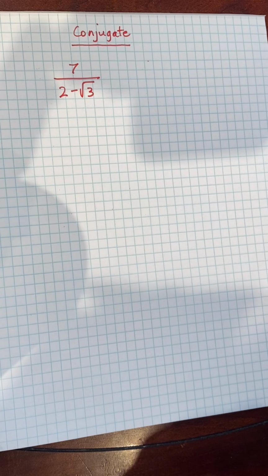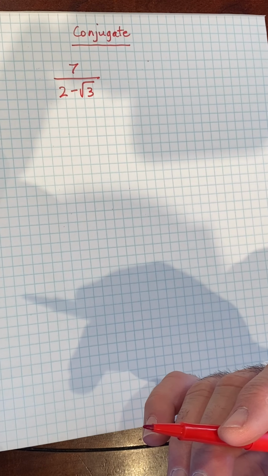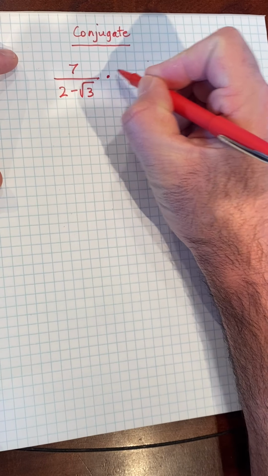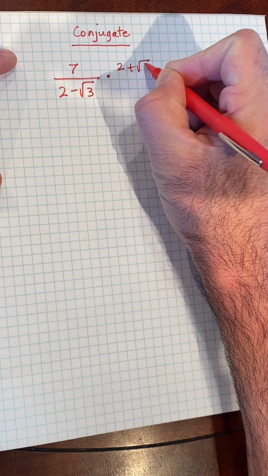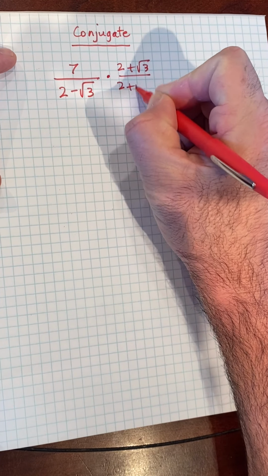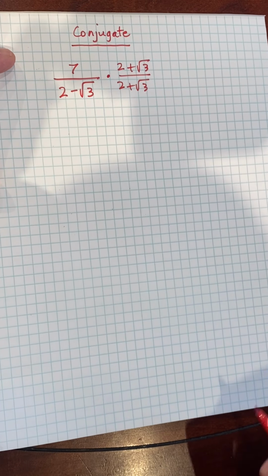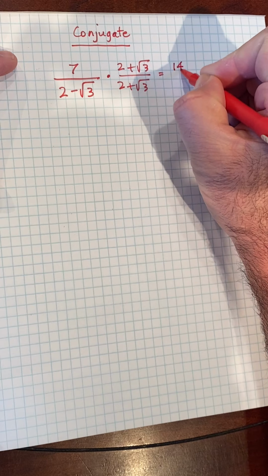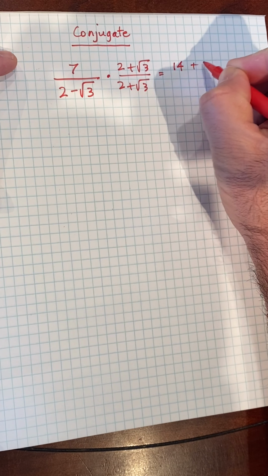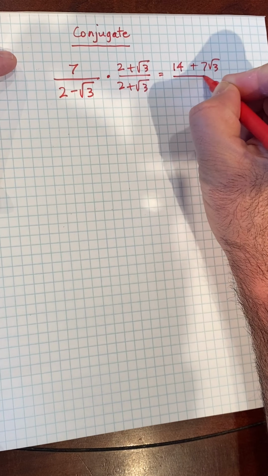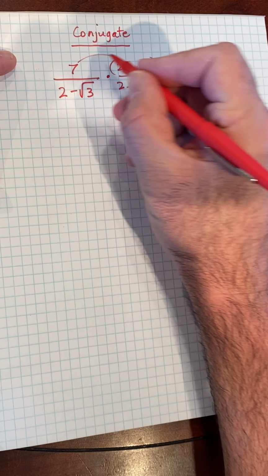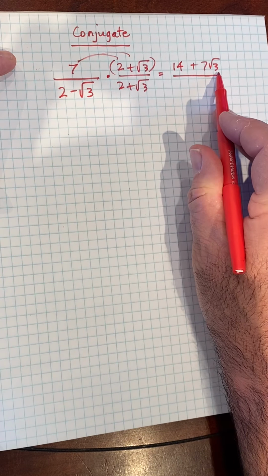So we know that a plus b times a minus b equals a squared minus b squared. So I'm going to multiply by 2 plus root 3. So the numerator just becomes 14 plus 7 root 3. Right? It's like the distributive property, 7 times 2, 7 times root 3.